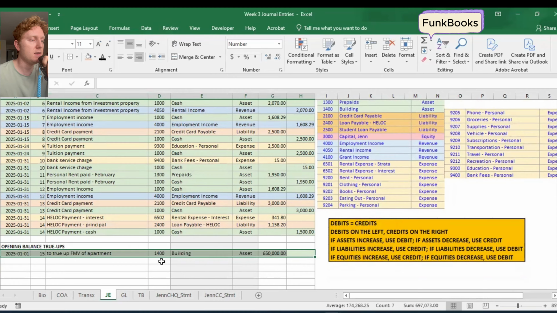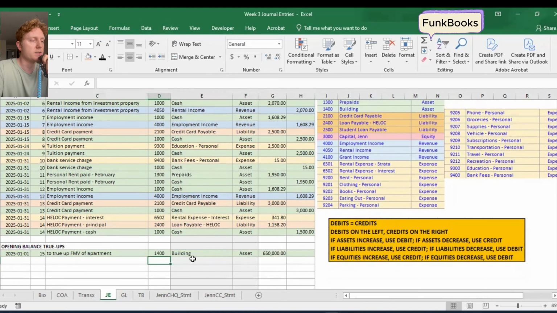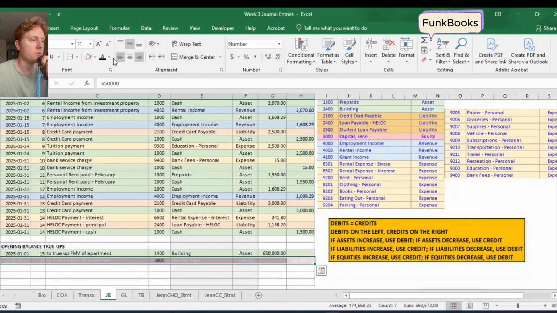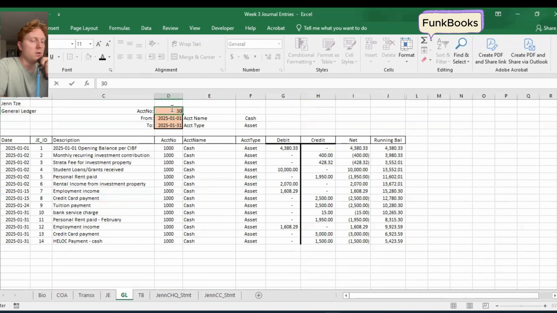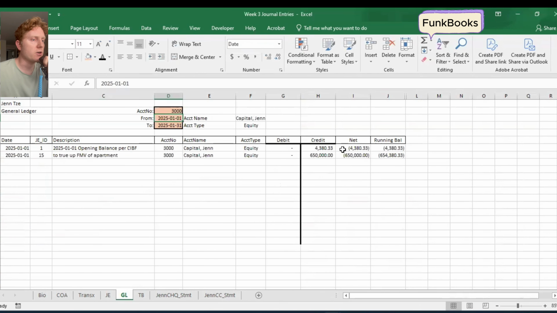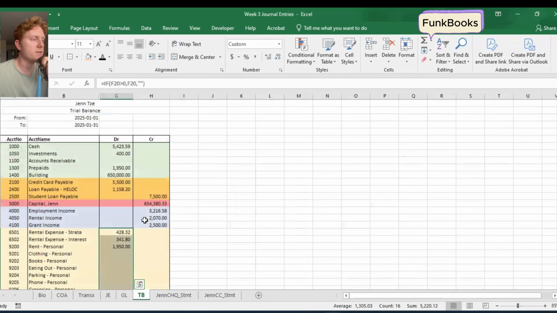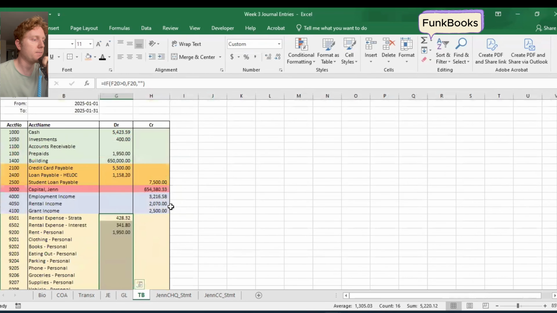And then the account it will affect is going to be your equity account, that 3,000 account, right? So now our trial balance and even our general ledger, if we change this to 3,000, is going to start to paint a little bit more of an accurate picture. Going to the trial balance, now we've got that asset in, capital has also gone in, so that's wonderful.